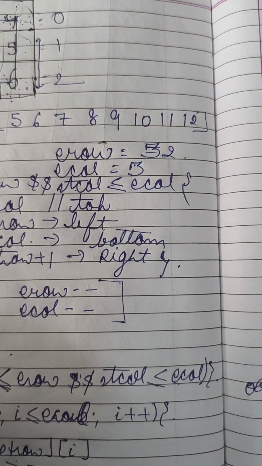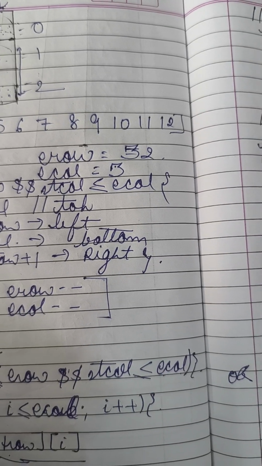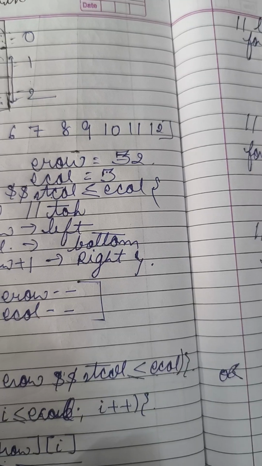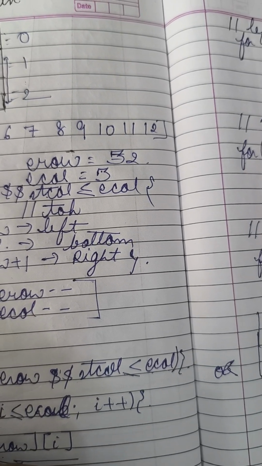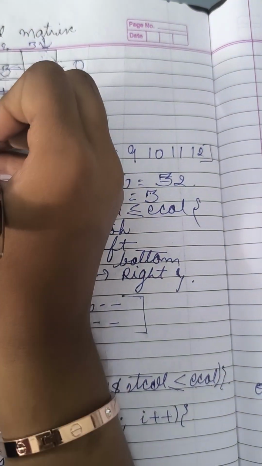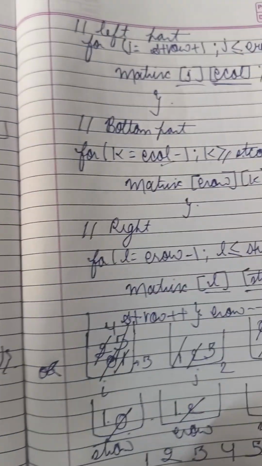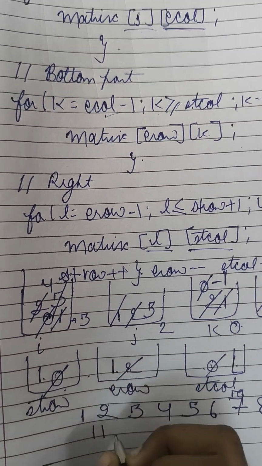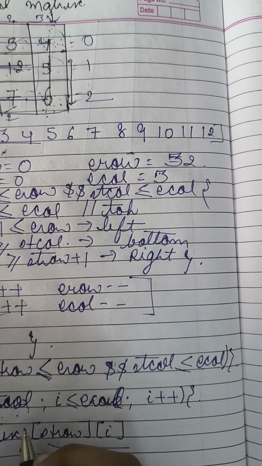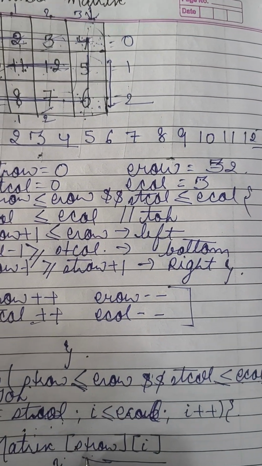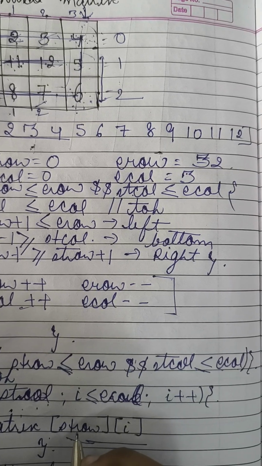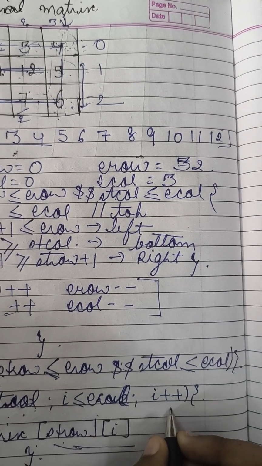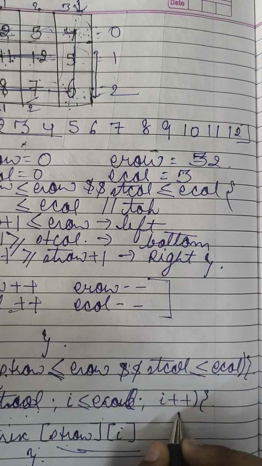Then we move inside. The matrix of starting row is going to be fixed, which has turned as 1. So matrix of 1, and the starting column this time is 1. So starting row 1, starting column 1, 11 got printed. So 9, 10, now 11 got printed over here. Now we move toward starting column, I plus plus we did, right?